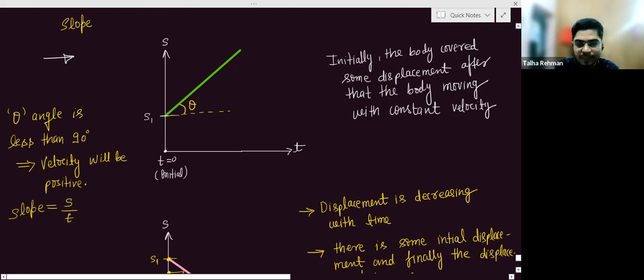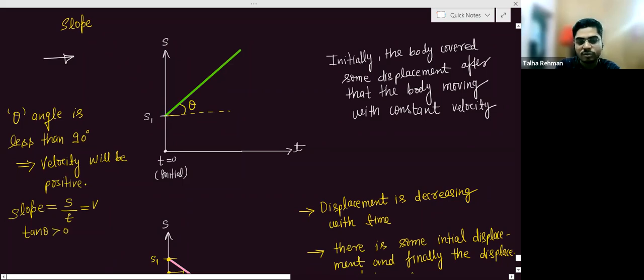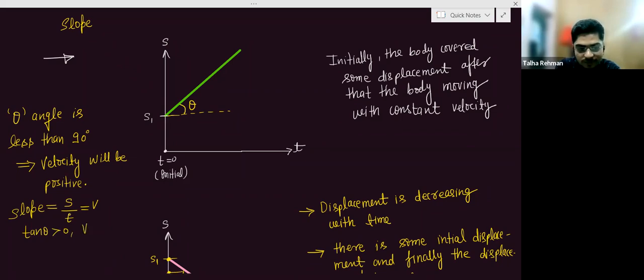What is displacement divided by time? That is velocity, and this is the slope, and slope is given by tan theta. Theta is less than 90, so tan theta will be greater than 0. So slope is greater than 0 and velocity is the slope. That is why I am saying velocity is greater than 0.